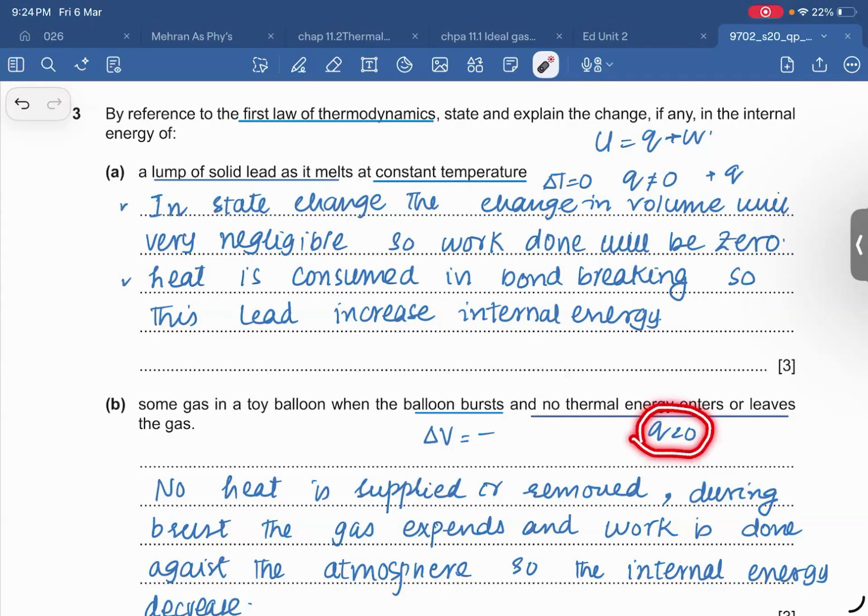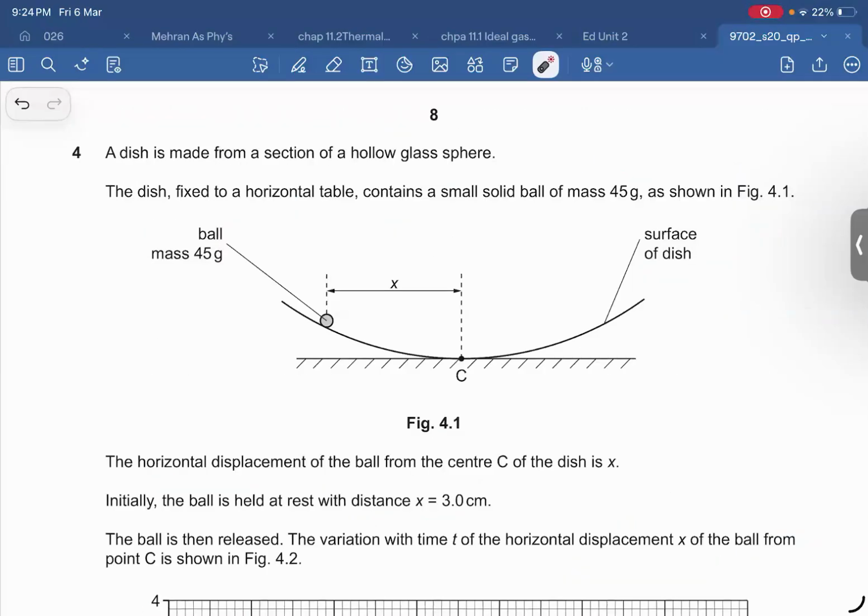A dish is made from a section of a hollow glass sphere. A horizontal table contains a ball of mass 45 grams as shown in figure 4.1. The displacement of the ball from the center C of the dish is a distance x of 3.0 centimeter.